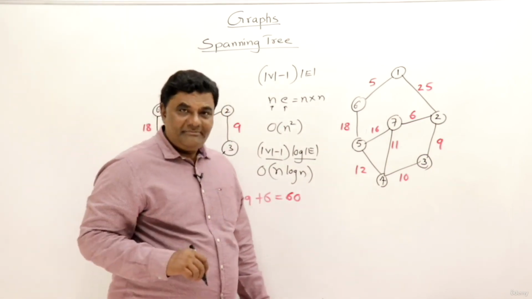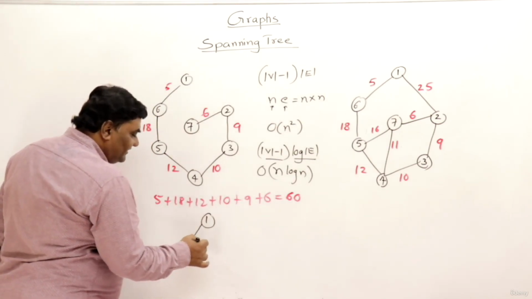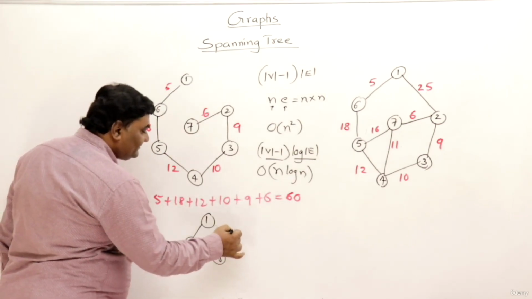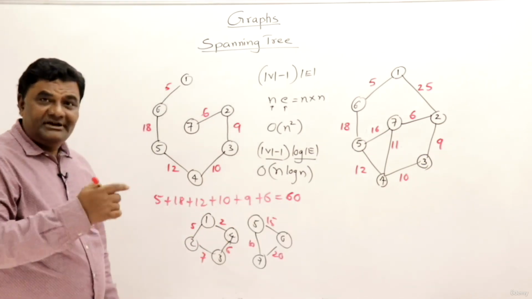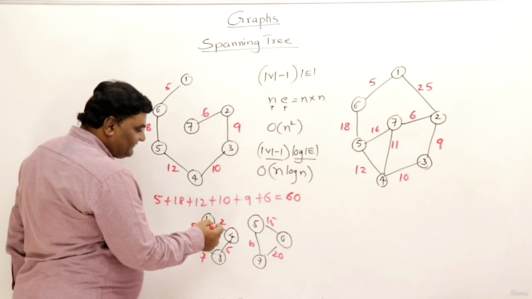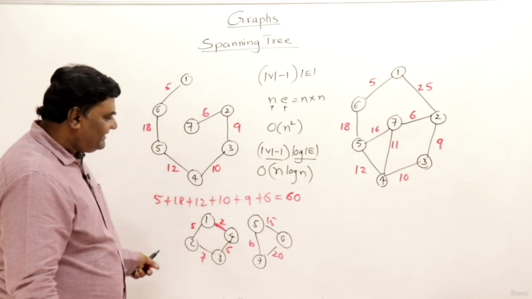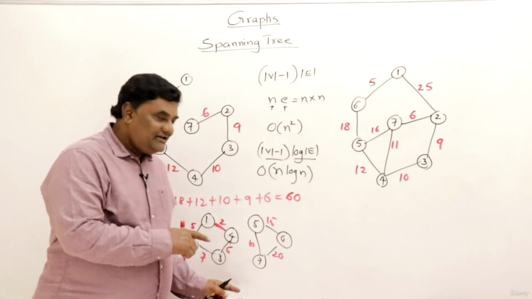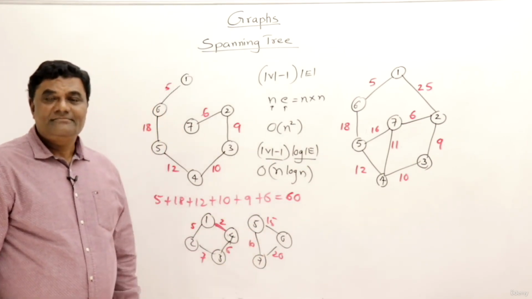Then one more thing about Prim's algorithm. See, if I have a graph which is not a connected graph, this is a non-connected graph. If I run Prim's algorithm on this one, then it will start from this minimum cost edge and it will try to select the next connected and next connected, so it will never reach the second component because it is not connected.